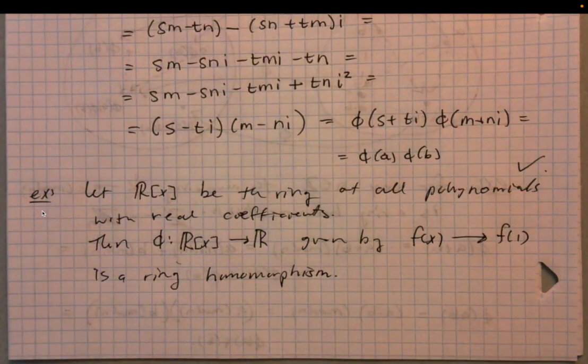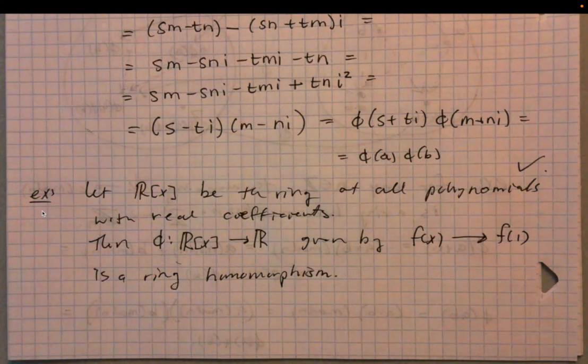Okay, so this one is a little trickier to show. In concept, though, this is a nice example, right? I mean, basically what this is saying is that, hey, look, if I take all possible real value polynomials, this is a mapping from those polynomials to the real number line, right? Basically, it's a simple mapping.